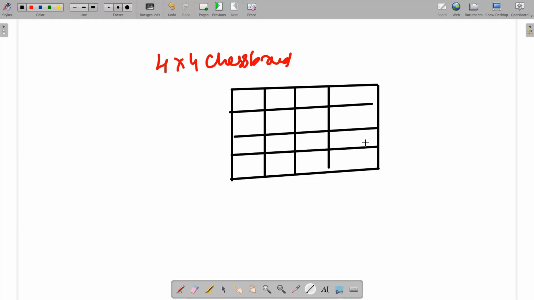So this is 4 by 4 queens, and in this we are going to put queens. Let's say this is 1, 2, 3, 4, and 1, 2, 3, 4. Queen number 1 can be put in row 1, queen 2 in row 2, queen 3 in row 3, and queen 4 in row 4. So I'll start with Q1.